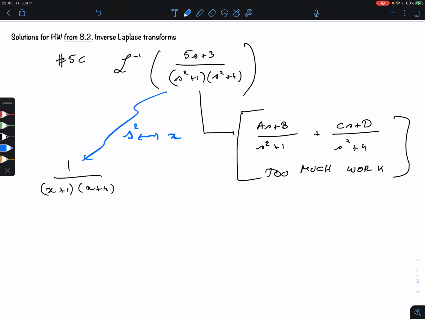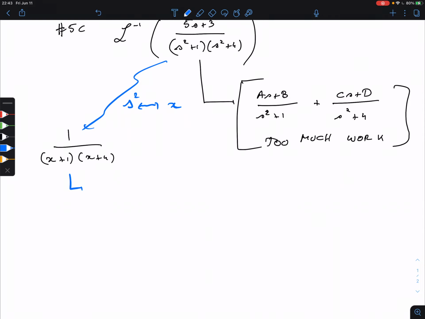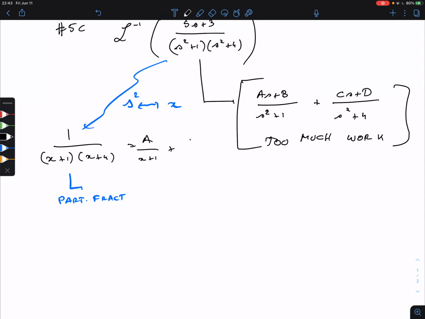Okay, so now we need the partial fraction of this one, and we can use Heaviside for this. We know this is a over x + 1 plus b over x + 4. Heaviside says that for a, you take your fraction, scratch out the factor that a is on top of, and plug in x = -1, the value that makes this factor 0.